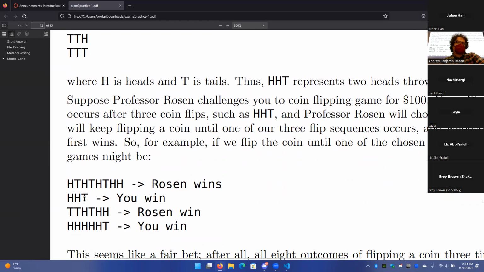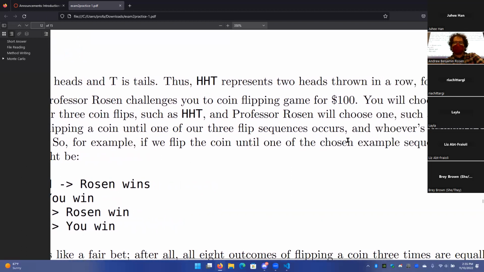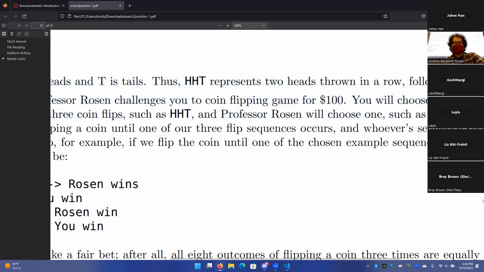In other words, if your choice is head, head, tail, the only way you can win is that you throw head, head as your very first flips. As soon as you throw one head followed by 1 tail, that begins my sequence, which is tail, head, head.